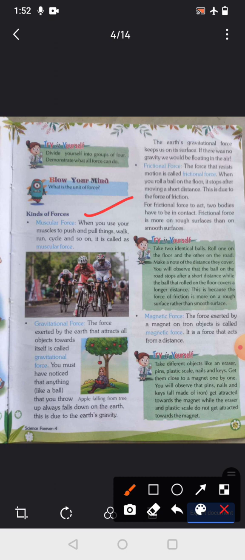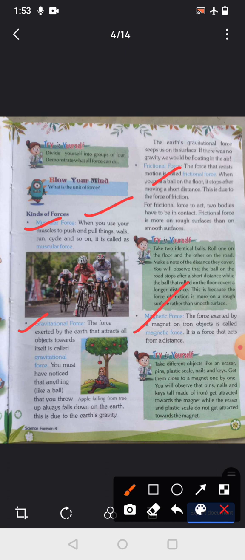So what are the kinds of forces? Muscular force, gravitational force, frictional force, and magnetic force. Okay, the first one is muscular force, that is exerted by the muscles when we use our muscles.